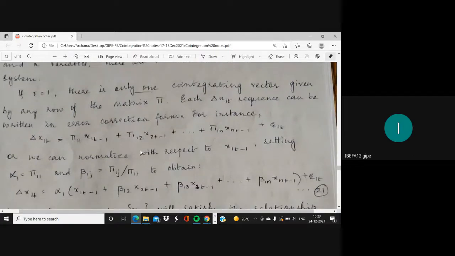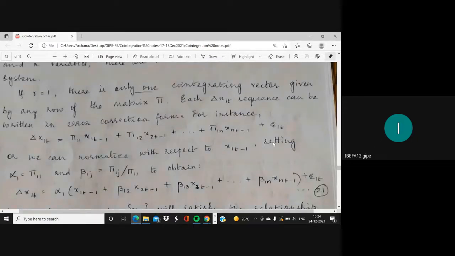So now, so that we can get this equation in the error correction form, we need to manipulate it slightly. What we do is we normalize with respect to x1t minus 1. We are discussing the case where r is equal to 1 over here. You can pick any row, there's no problem.